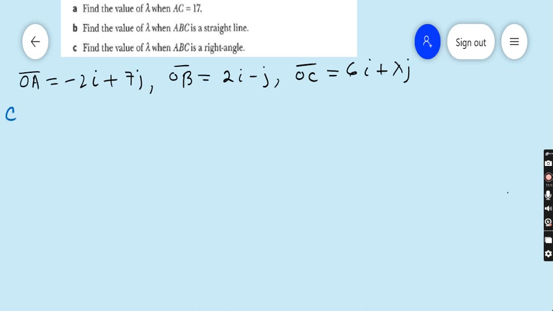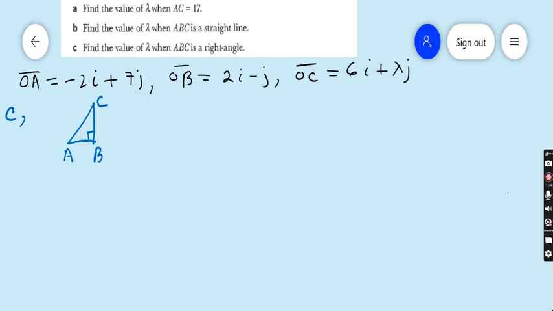This part is a little bit lengthy but very easy. ABC is a right angle triangle, so it means the 90 degree angle should be at B, because the middle letter is B. So ABC. We have to find the value of lambda when ABC is a right angle triangle.